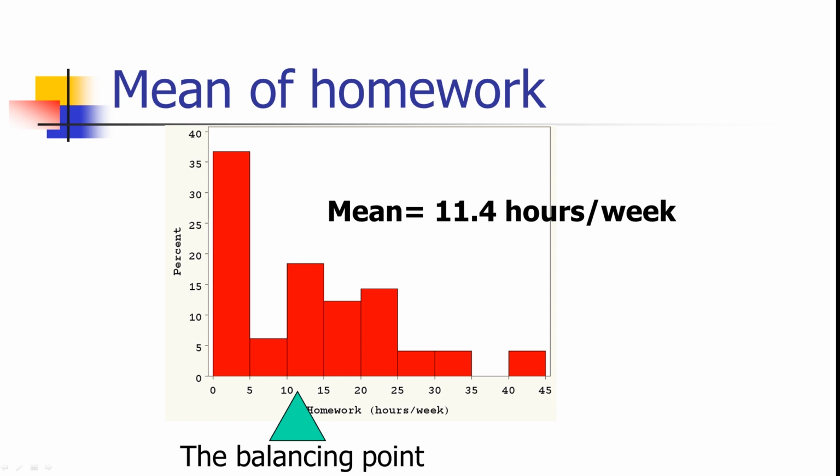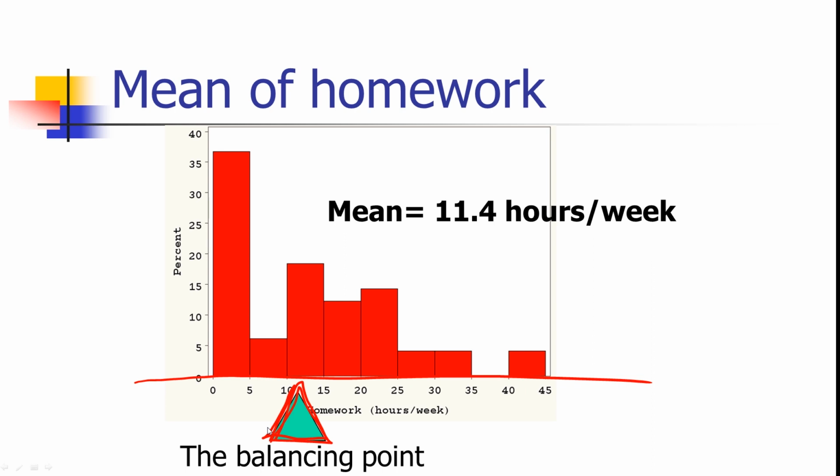So just picture this as being sort of a lever with masses on it, and here is the balance point. Here's the fulcrum, and the goal here is to balance this like a seesaw, so it's perfectly balanced. The mean is the point at which, if you put the fulcrum there, you will balance these masses.